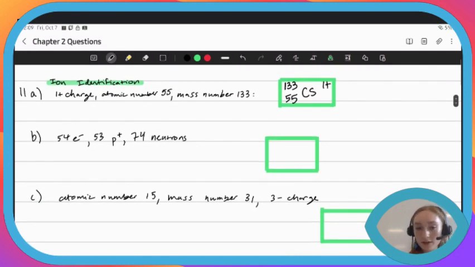Okay, next on 11B. So we have 54 electrons, 53 protons, as well as 74 neutrons. So to figure out the mass number, it's always going to be the neutrons plus the protons. So let me write that down.